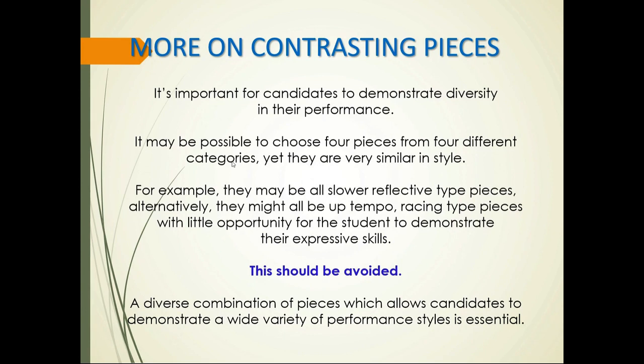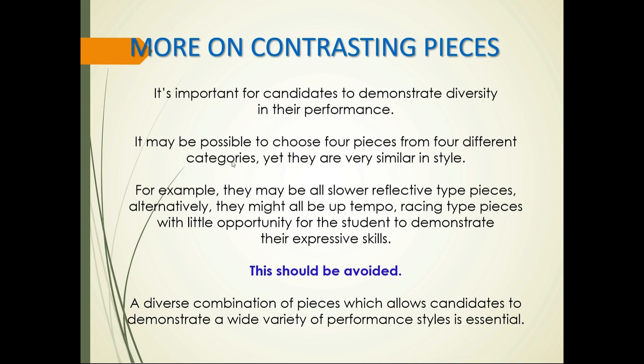Some more information on contrasting pieces. It's important for candidates to demonstrate diversity in their performance. It may be possible to choose 4 pieces from 4 different categories, yet they are all very similar in style. For example, they may all be slower, reflective type pieces.